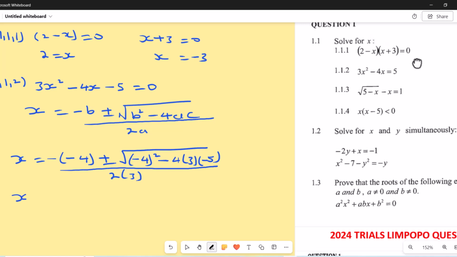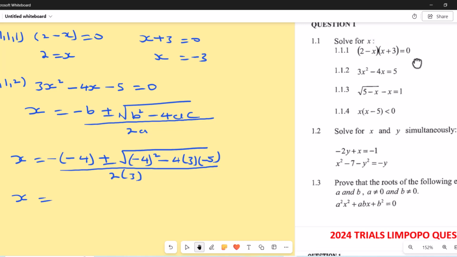So if we put it in the calculator, what do we get here? Anybody with a calculator, please help us out. Check with your calculators and tell us what you get. If I check with my calculator here, I see I get x as 2,12 or negative 0,79.